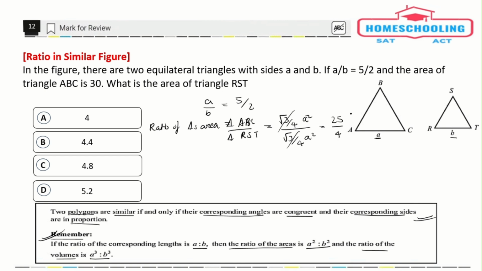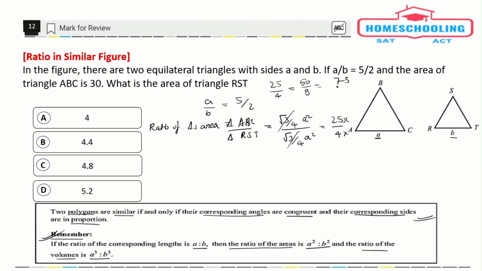As these things are in ratios, we will put x after it. Let me tell you why we are putting x after it, because they are in ratio. 25 by 4 can also be written as 50 by 8, because if we factorize these two, we will get this ratio only.